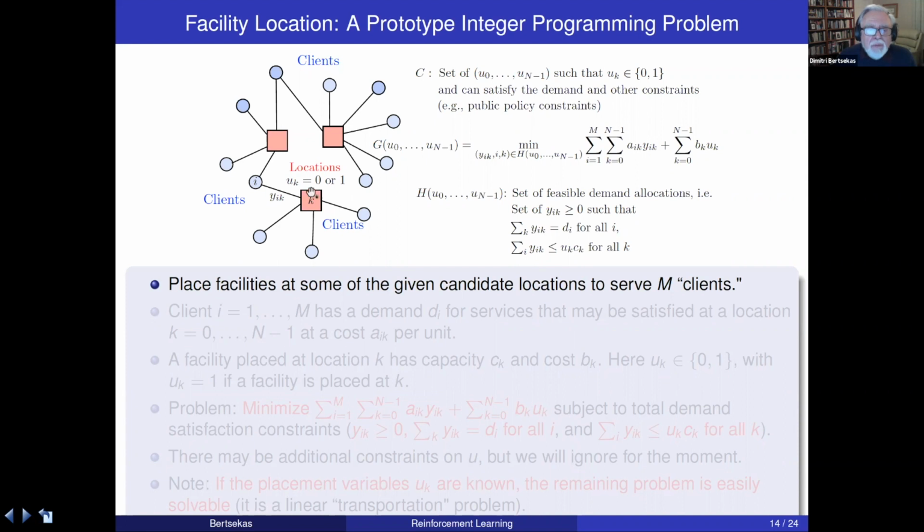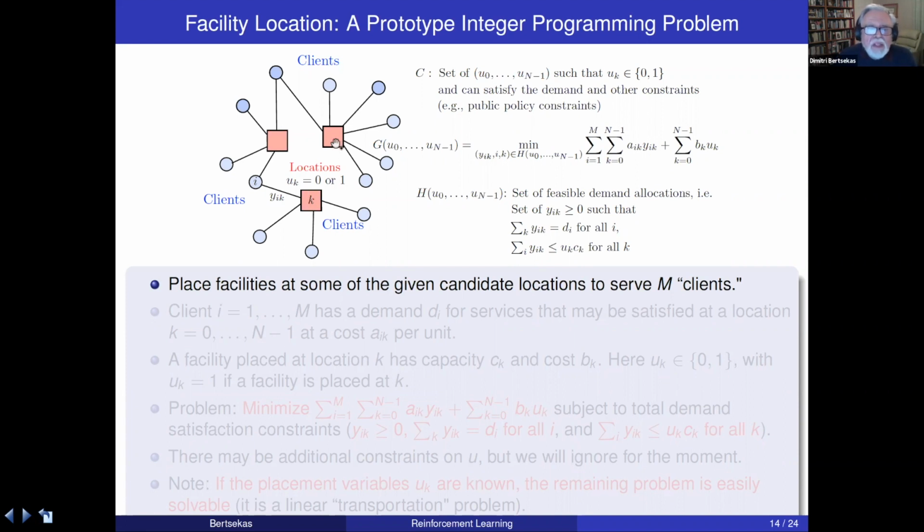So if you place a facility in location k, then u_k is equal to 1. If you don't place a facility, then u_k is 0. So placement of a facility at a particular location corresponds to a 0-1 integer variable.